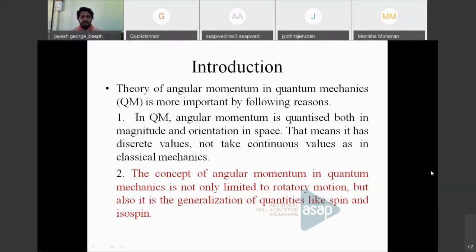That means it has discrete values, not continuous values as in classical mechanics. The concept of angular momentum in quantum mechanics is not only limited to rotatory motion, but also it is the generalization of quantities like spin and isospin.